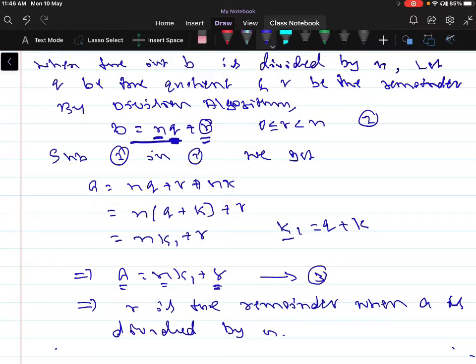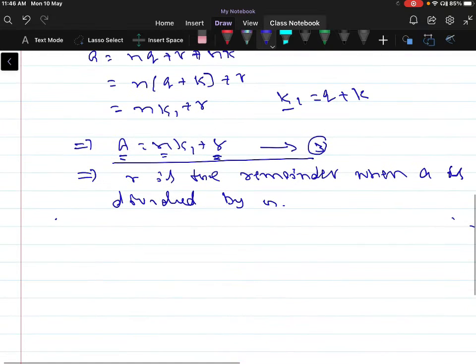So we can observe from equation 2 and equation 3 that when the integer b is divided by n, we have the remainder r. From equation 3, when the integer a is divided by n, we have the same remainder r.